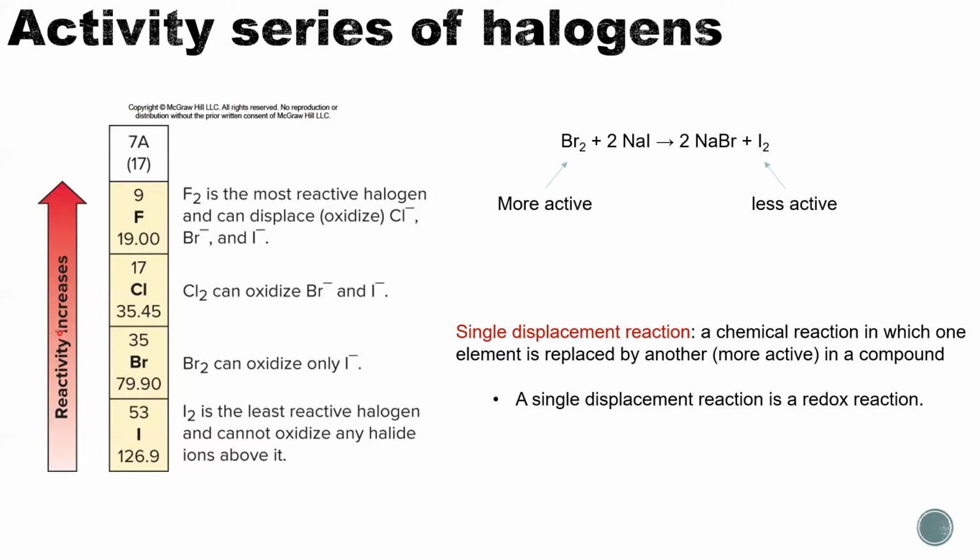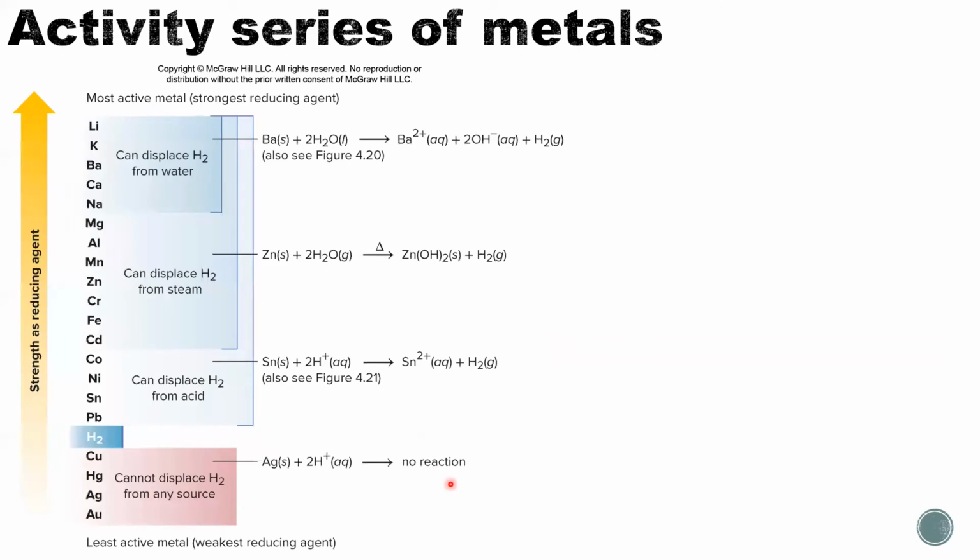Besides the activity series of halogens, we can also have the activity series of metals. You can tell from this chart, from the top is lithium, potassium, and at the very bottom we have copper, mercury, silver, and gold. The top one is more active than the bottom one.